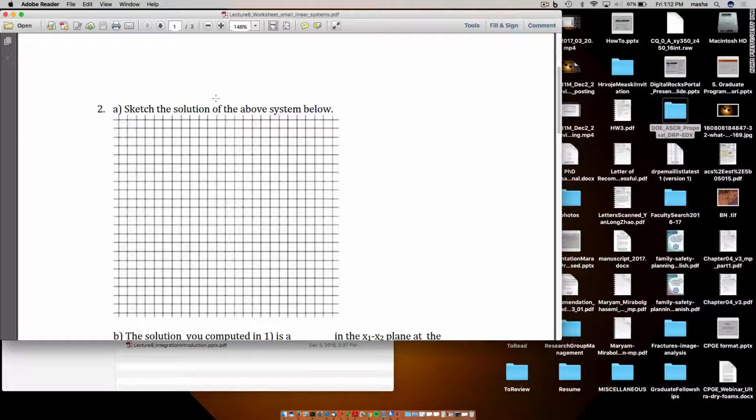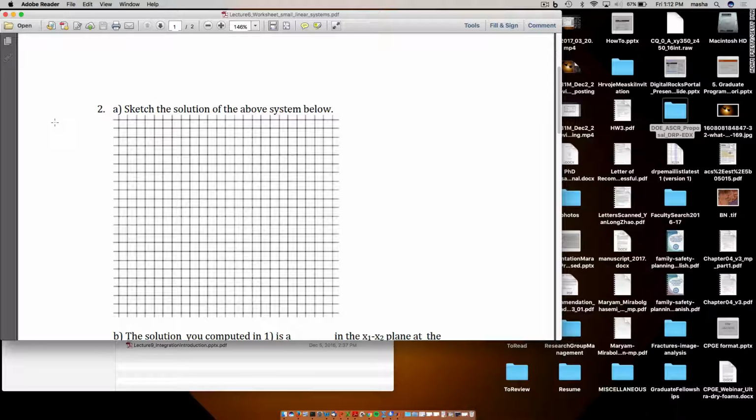So what is the solution in the first case? What is my x1? The first equation is really simple because it's 1 times x1 is -1, so x1 is -1. The second equation is 0 times x1 plus 3 x2 is equal to 6, so x2 is equal to 2.